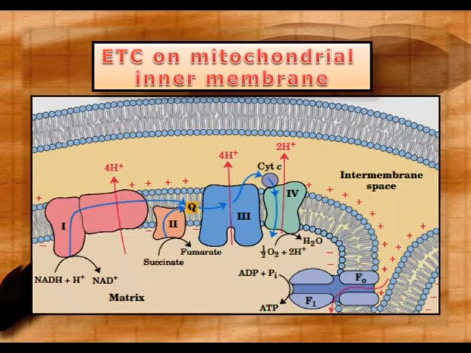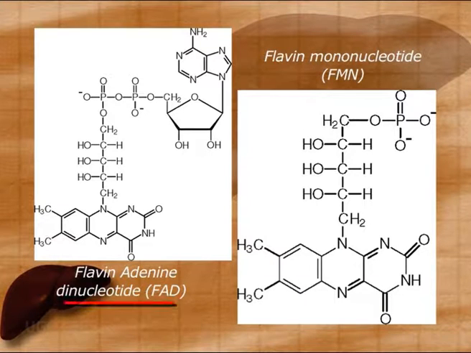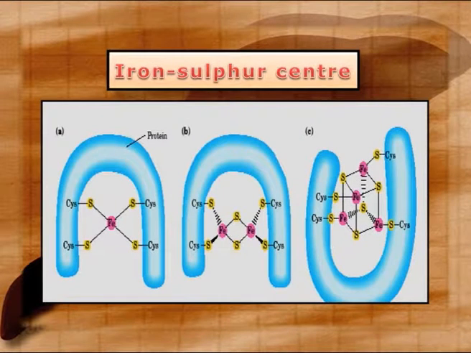The electron transport chain is composed of a number of enzyme complexes: complex 1, 2, 3 and 4. Each enzyme complex is again composed of several protein subunits and many different cofactors like flavin adenine dinucleotide, flavin mononucleotide and iron sulfur centers.